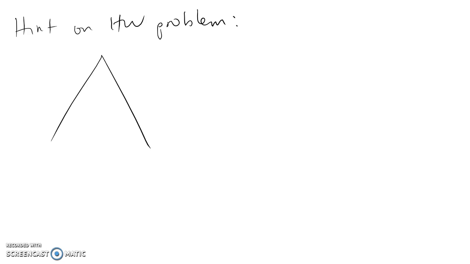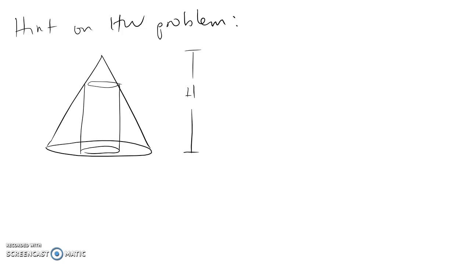So a cone looks like this, and we've got a right circular cylinder inscribed. The height of the cone is big H. The height of the cylinder is little h. The radius of the cylinder is r, and the radius of the cone at the bottom is big R.